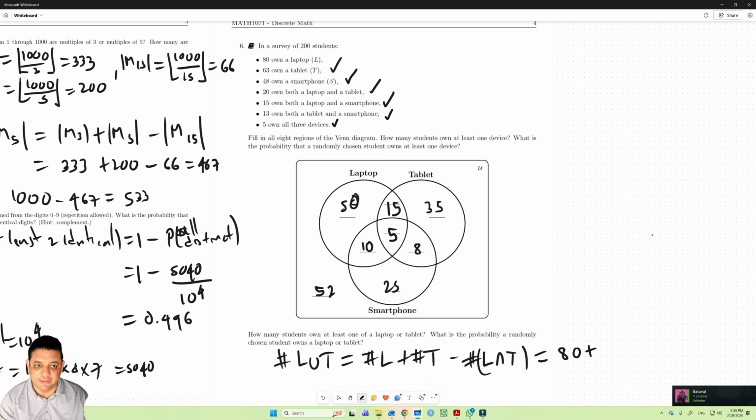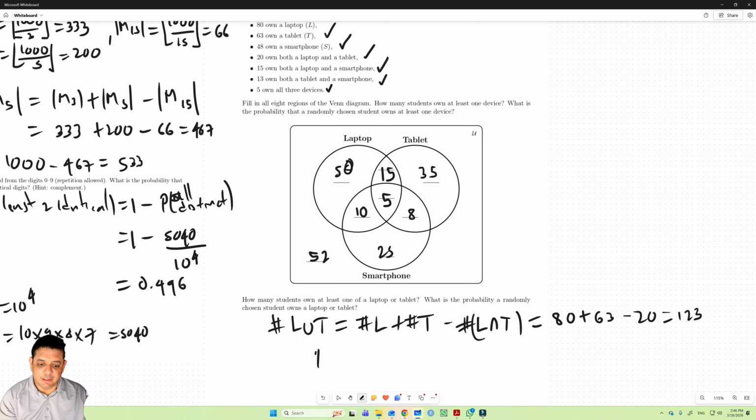Total with tablet is 63. And minus both laptop and tablet is 20. So this is going to be 123. The probability of laptop or tablet will be 123 out of 200.